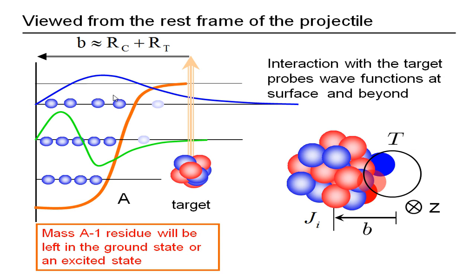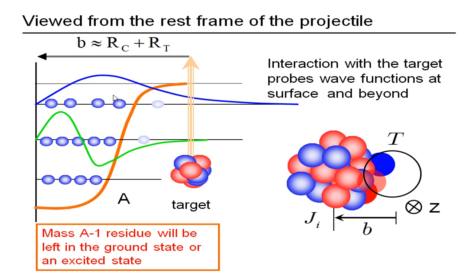Another way of looking at this is the target looking in the beam direction. This is the projectile coming towards me. The target sits here somewhere in the surface and occasionally will remove either a neutron or a proton with some probability, and that probability will be determined by how big the wave function is out here near the surface for the species of nucleon and the angular momentum of the state in which the particle is.